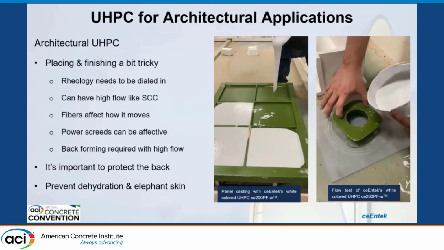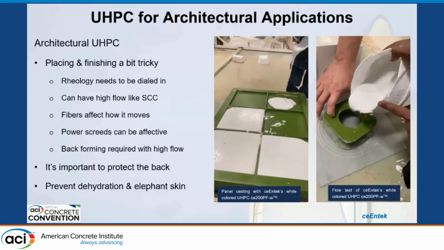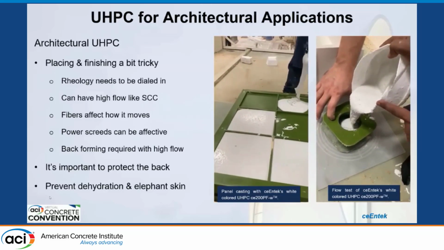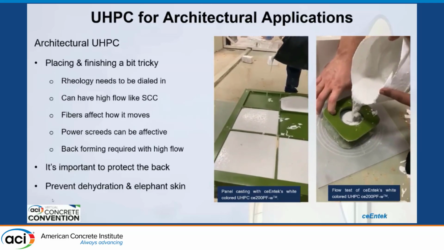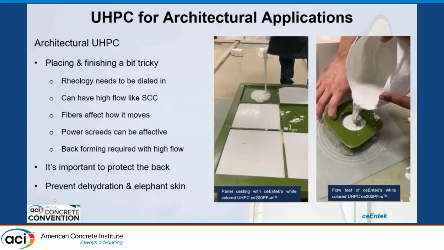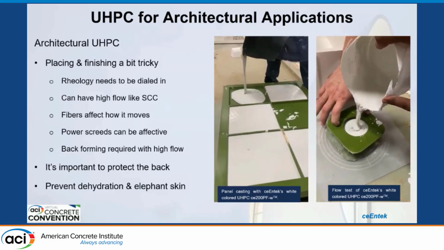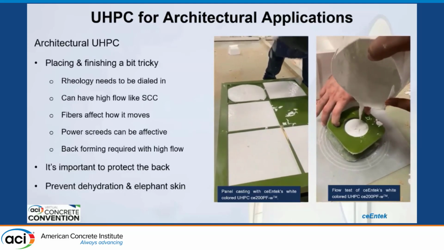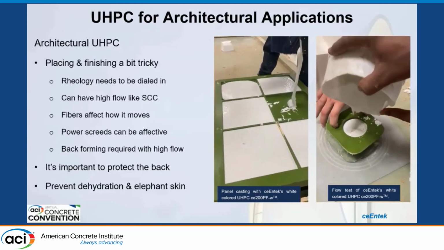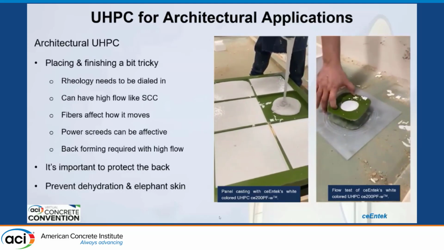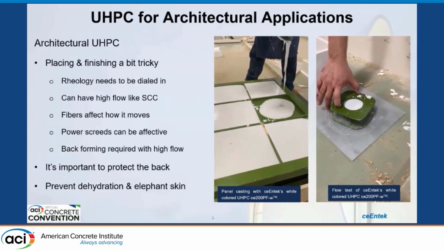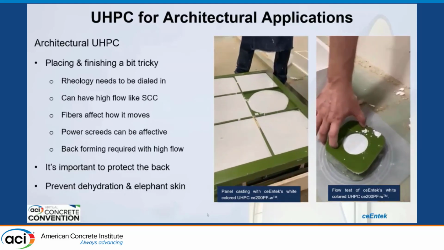So if you're familiar with UHPC on highway work, you'll see that it tends to be a very thick thixotropic type mix, but certainly UHPC can be a high flow mix.